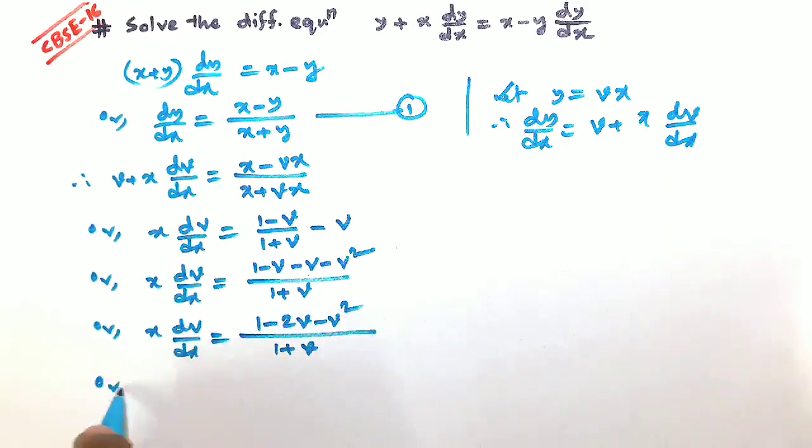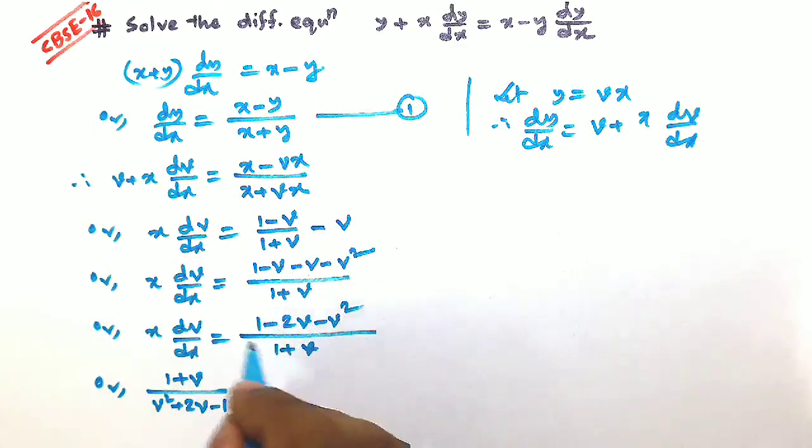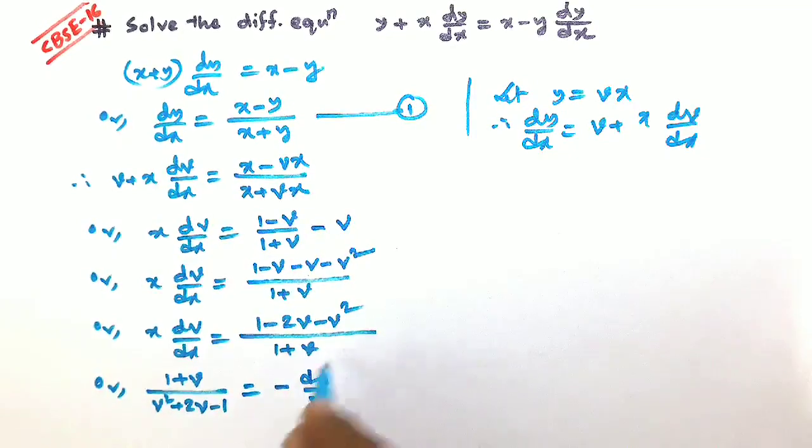So friends, here 1 plus v upon v square plus 2v minus 1, and a minus sign is taken common here, so it will be taken on right side minus dx upon x, and there is dv.